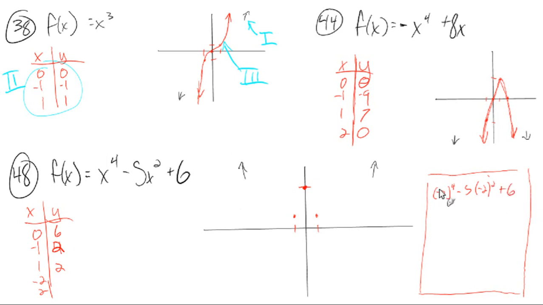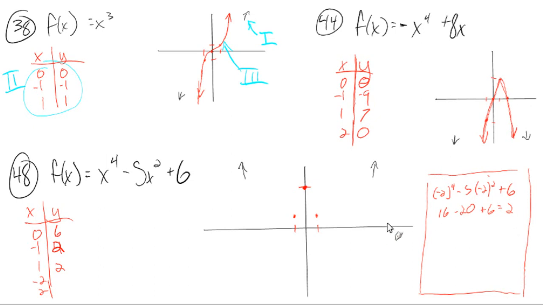Negative 2 to the 4th will come out to be a positive number. It'll be 16. Negative 2 squared is 4 times negative 5, so negative 20 plus 6. So you've got 16 minus 20. That's going to be negative 4. And then plus 6. That's going to be a positive 2.